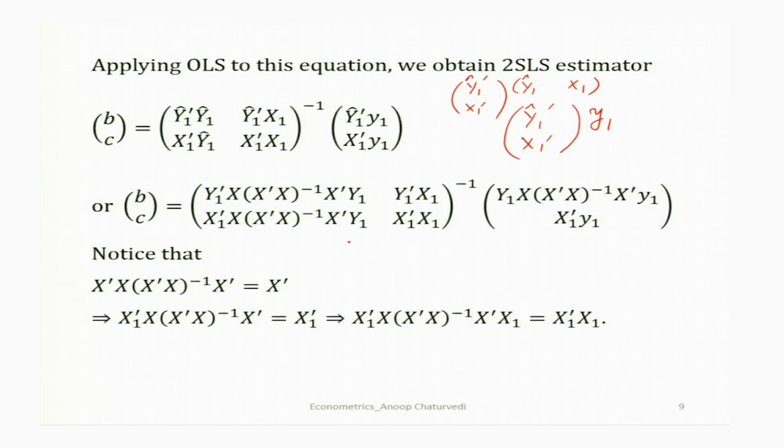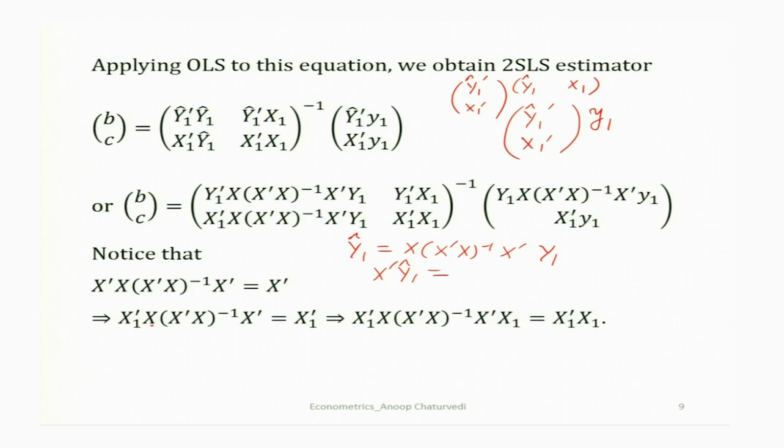because y 1 hat is equal to x transpose x inverse x transpose, and then if you take x transpose y 1 hat, then you also have y 1 here. If you take x transpose x inverse x transpose, then this is equal to x transpose.